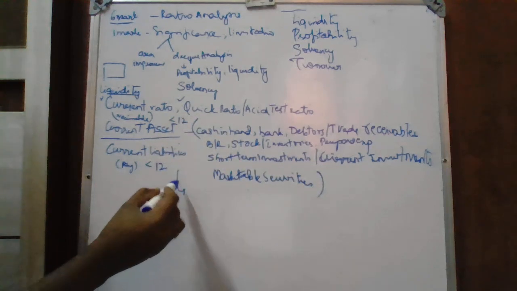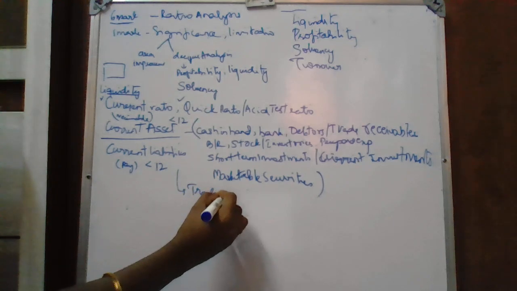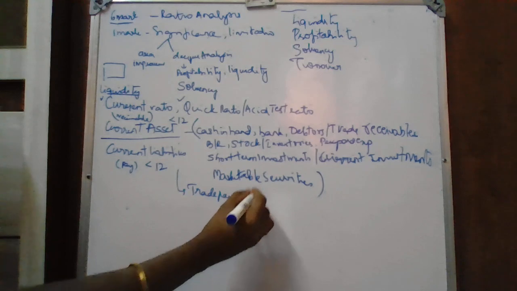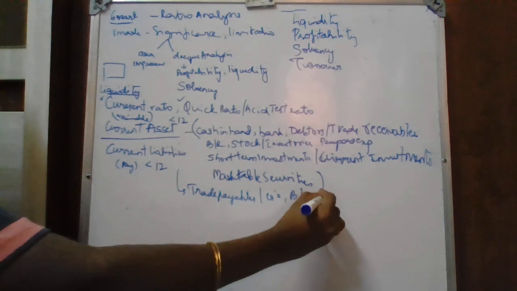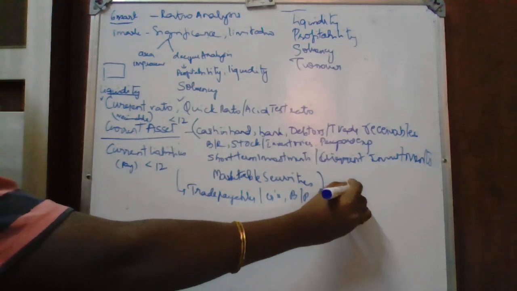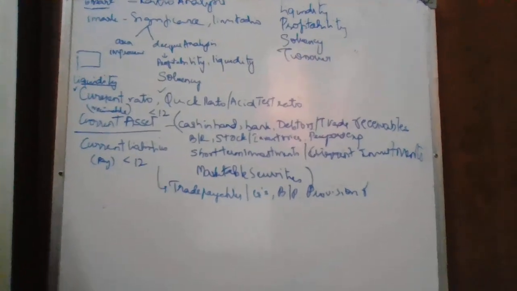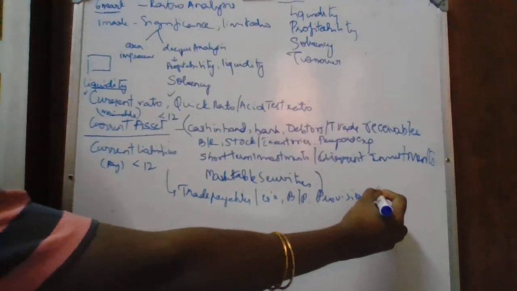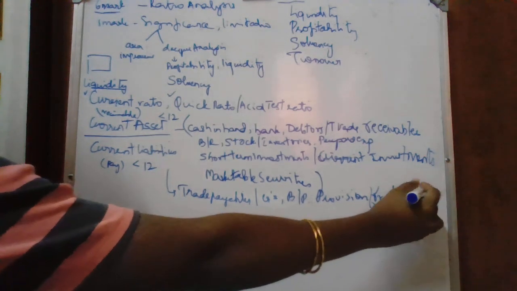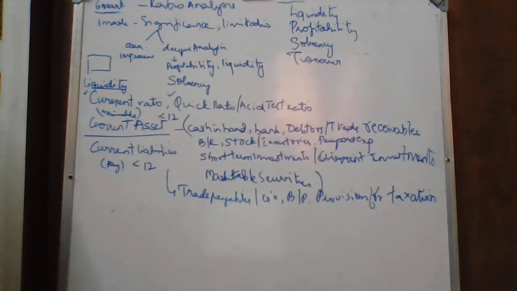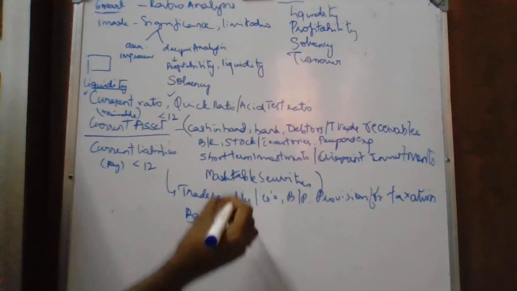Now what are current liabilities? You will have trade payables or creditors. Then you have bills payable. Then you have provision for taxation. Then bank overdraft. OD is overdraft.